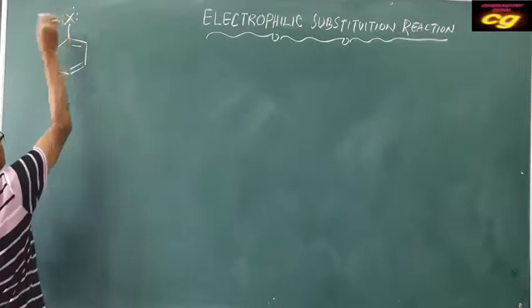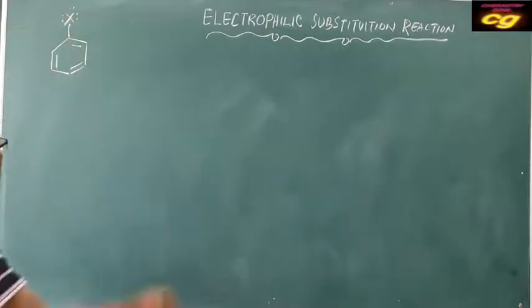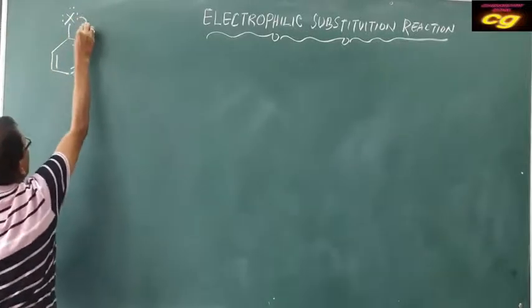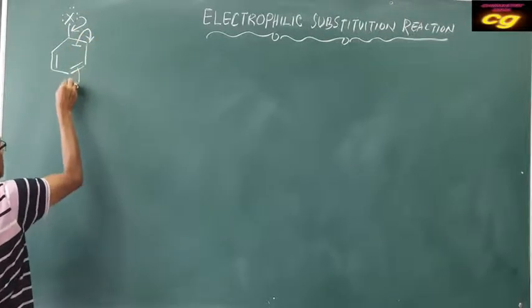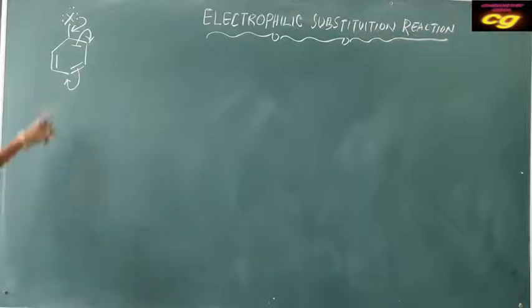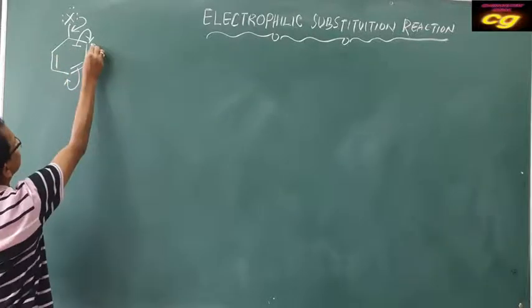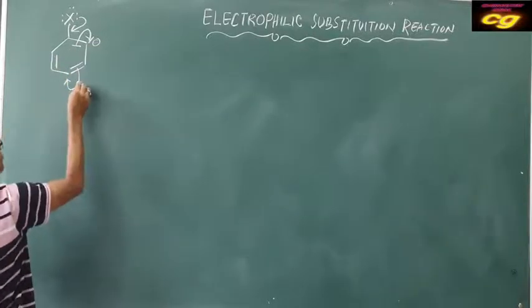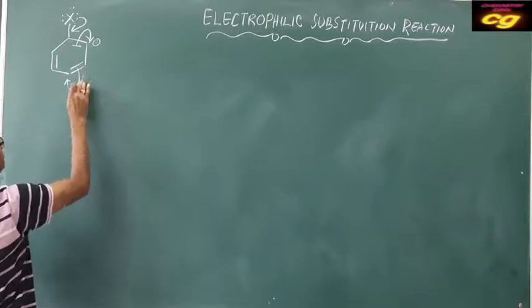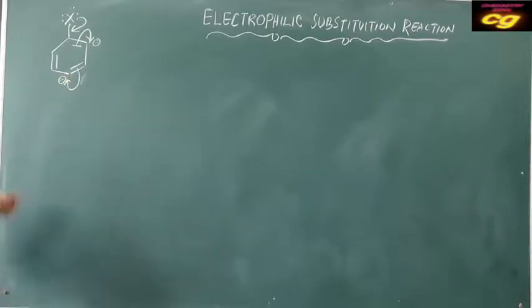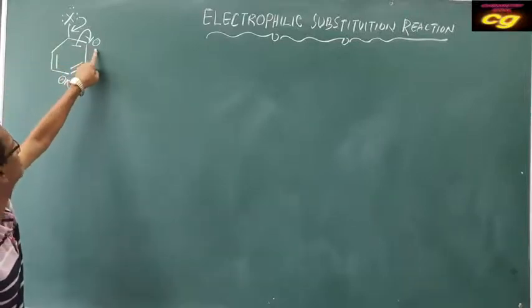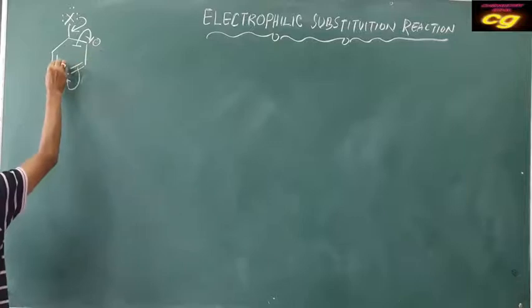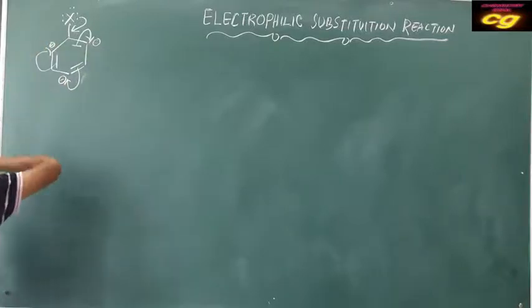This is the lone pair on the halogen atom. If you see the resonance step by step, the negative charge is produced at this position and also at this position.